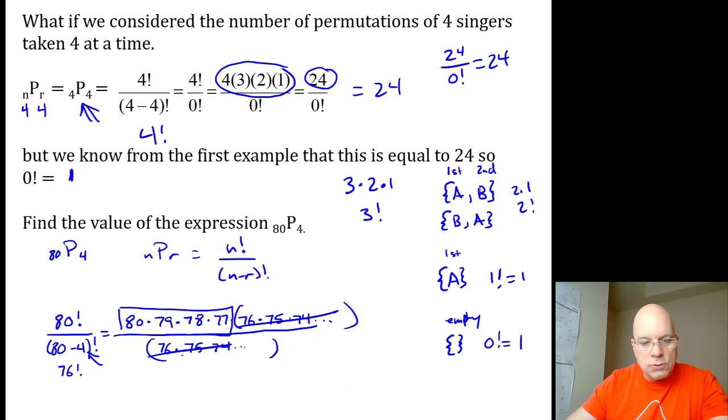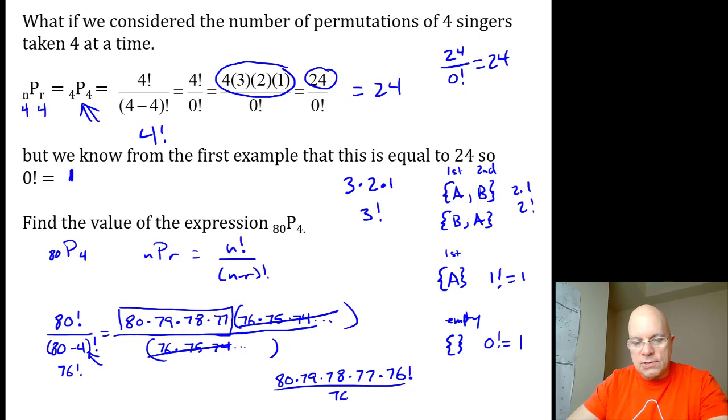The 76 factorial cancels out. In fact, in the next examples, I'm going to write 80 times 79 times 78 times 77 times 76 factorial, and just leave the denominator as 76 factorial, because I know those will cancel. And so all I have to do on my calculator is 80 times 79 times 78 times 77.